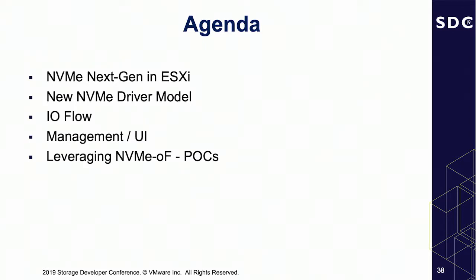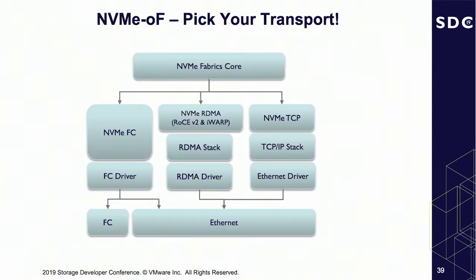I'll walk you through the I/O path, the data path, the interop that we have with our legacy SCSI-based stack, as well as the next-gen NVMe-based stack, and how to manage and control the NVMe devices in ESX. And last but not the least, I'd like to look into some of the cool proofs of concept that we have been able to do once we were able to enable the NVMe fabrics underneath.